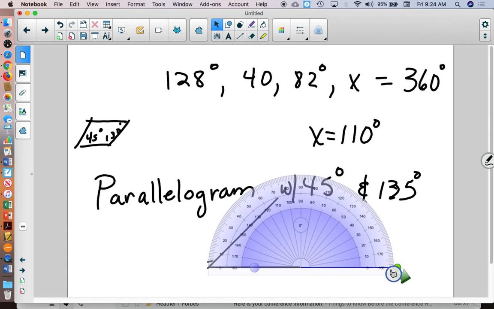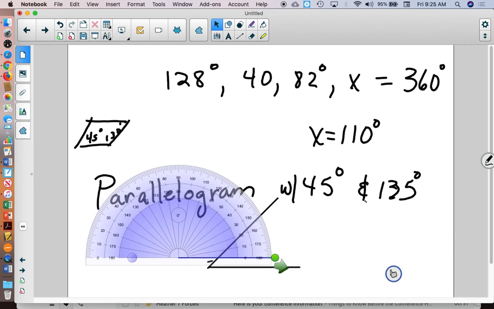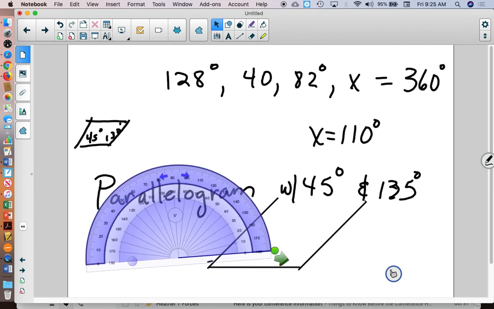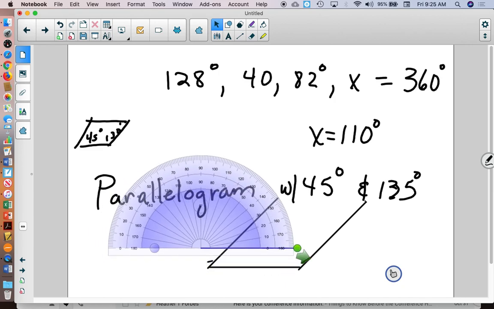Off just a smidgen. There we go. Now I'm going to draw a line from here up to there. Okay, so now I've got the two sides, and then all I've got to do is draw a parallel line for the top, and I've got it drawn.